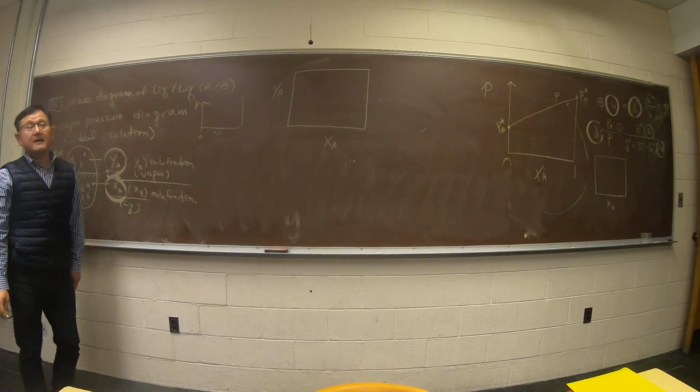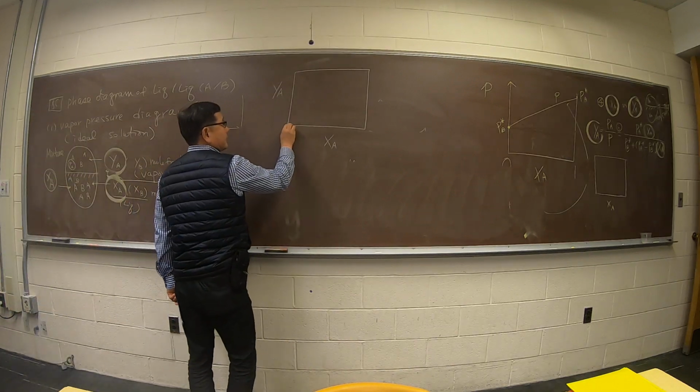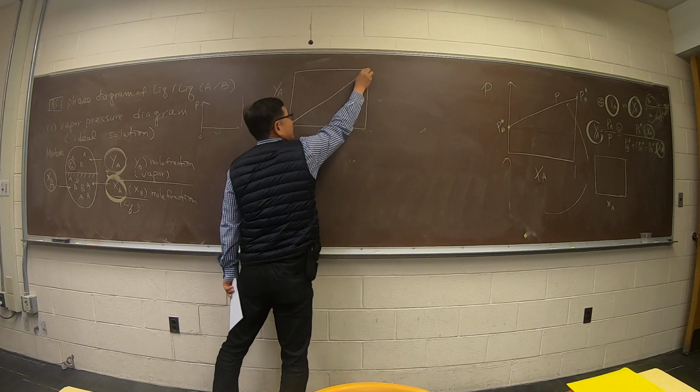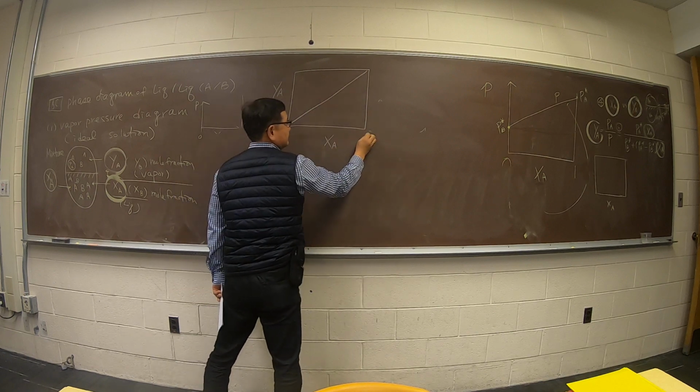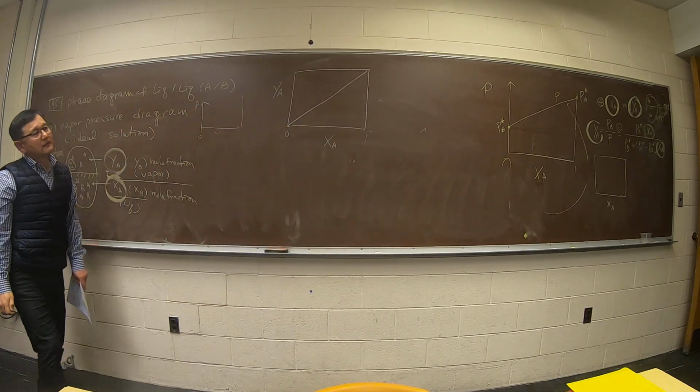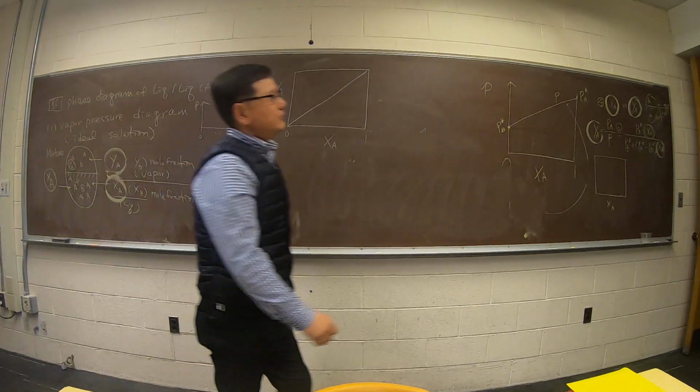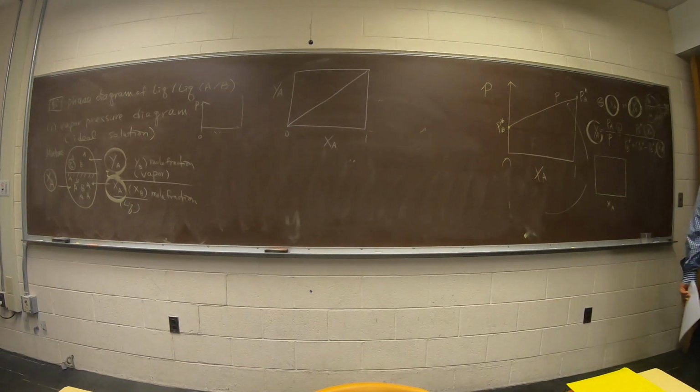Okay. And then let's say there's one case where the line looks like this. When do you think that you're going to have a line that looks like that? YA and XA are the same, right?